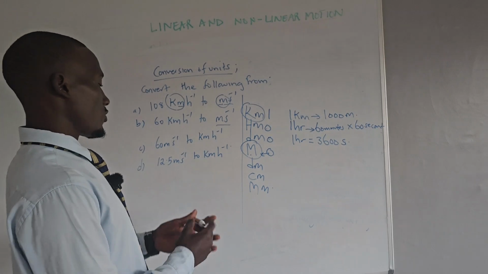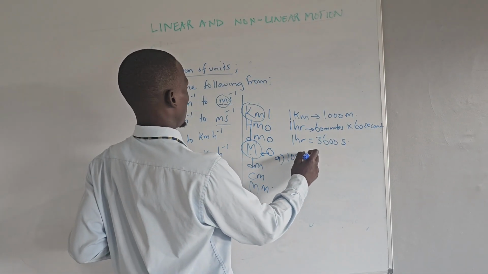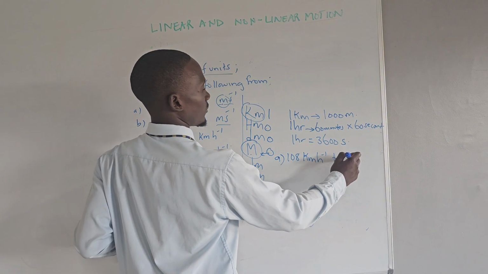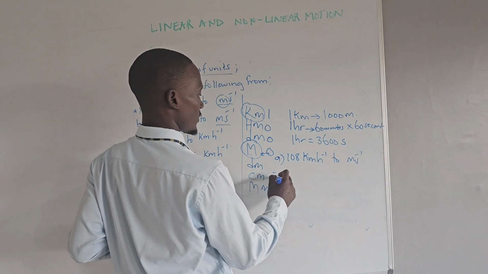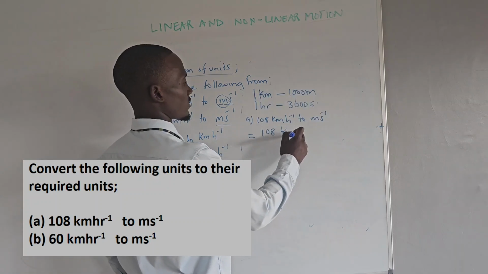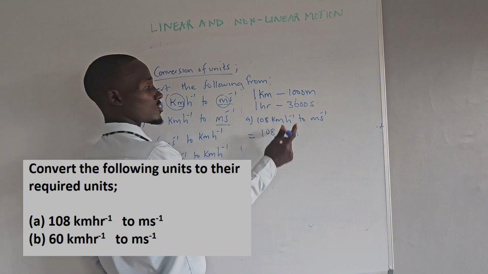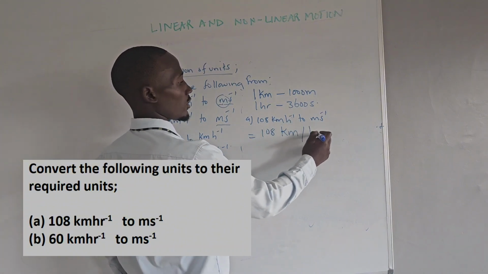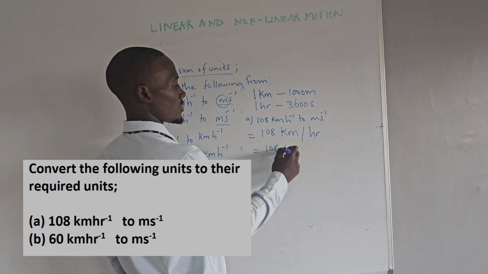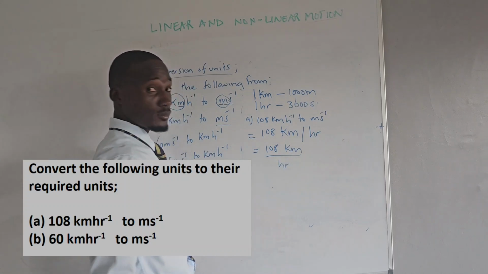If we are now to convert our first one, that is 108 kilometers per hour to meters per second. This is the same as 108 kilometers per hour, and this can be written as 108 kilometers over hour.